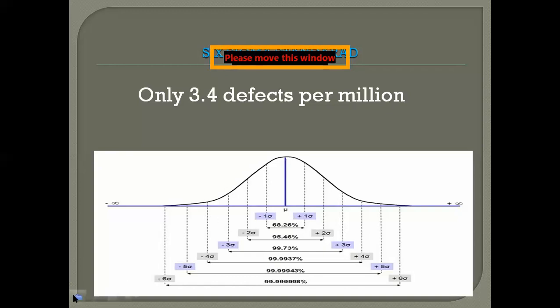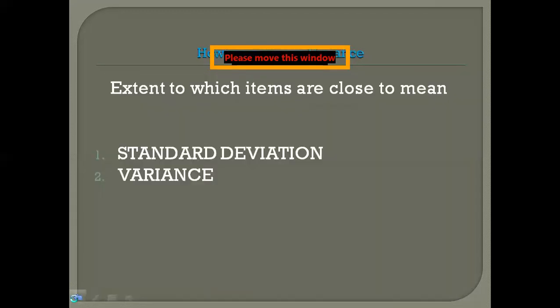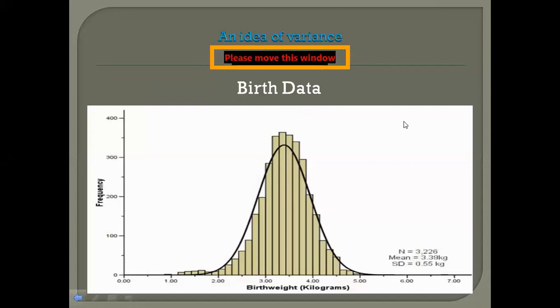So what we understand by this is, if we go back to this birth data example, we have a mean of 3.39 kilograms for the weight of a child at the time of birth. Let's say the mean is 3 only. One standard deviation away means on the higher side we will take it as 3.5, and two standard deviations away means 4 kgs.